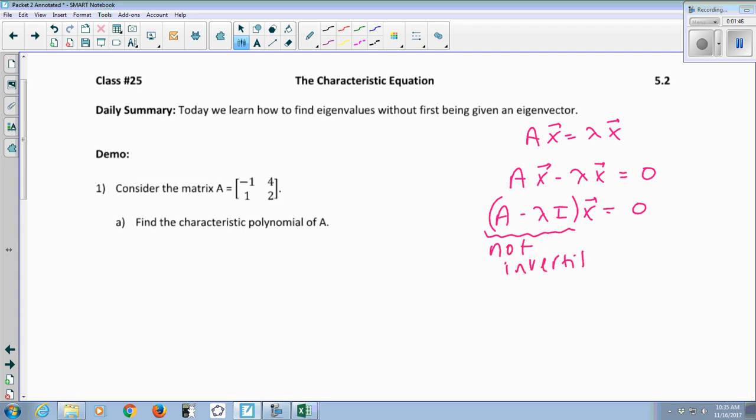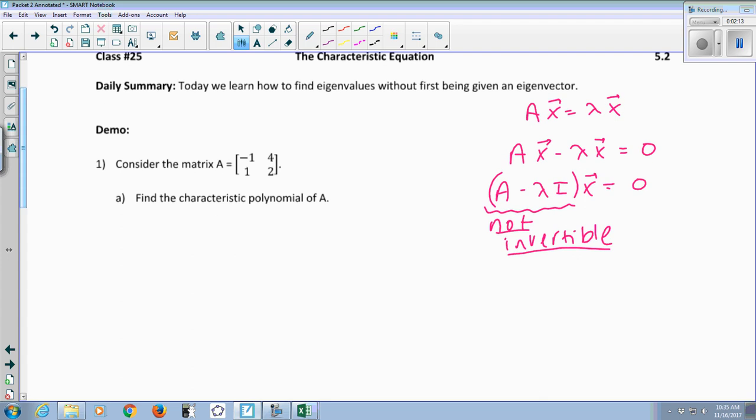If that matrix is not invertible, its determinant has to be 0 because of the invertible matrix theorem. So that's what we exploit to find eigenvalues lambda. The determinant of A minus lambda I has to be 0 in order for that to have a solution that's not 0.